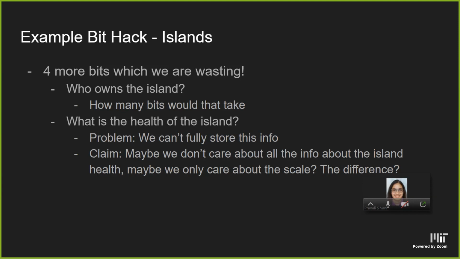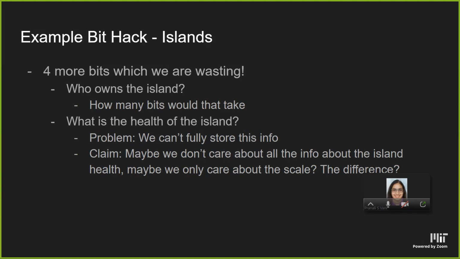Now let's come back to the question about how many bits it would take to see who owns the island. If we are only looking at 1 bit to see who owns the island, it's not enough to tell if it is one of the 3 options of neutral, team A, or team B, right? But instead we can combine this with the information about the health of the island. If we know that the health of the island is above 0, and we know that the bit about who owns the island is one or the other, we know that if the health of the island is non-zero, the island cannot be neutral, right?